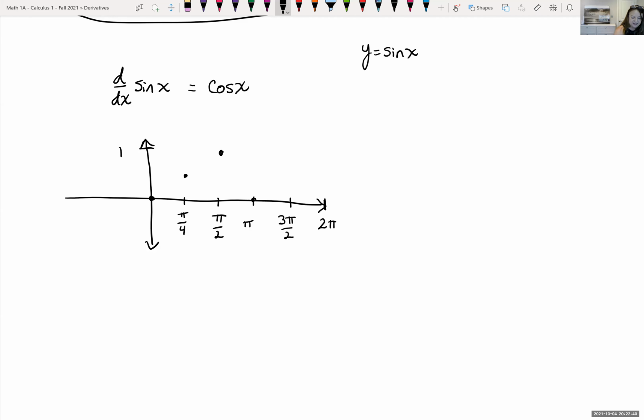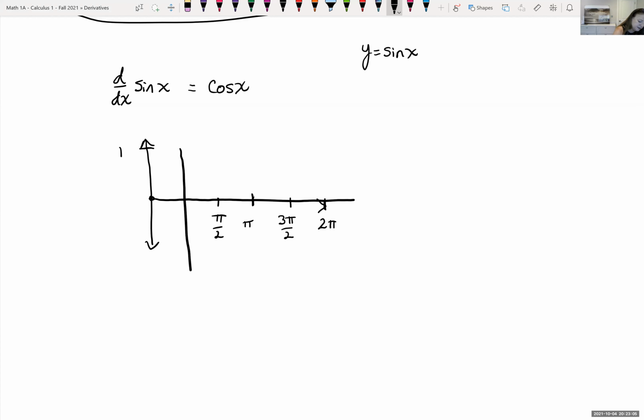Sine of pi gets me back down to 0. Oops, I missed one. I actually added an extra one that I normally don't do. I normally don't do that pi fourths, and I was thinking that it wasn't too symmetrical, so let me just rewrite that a little bit.